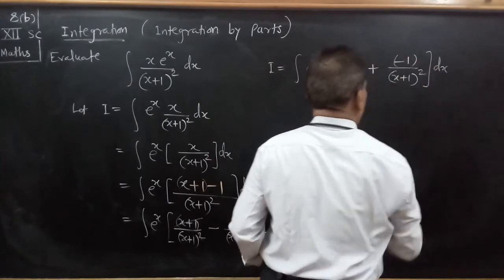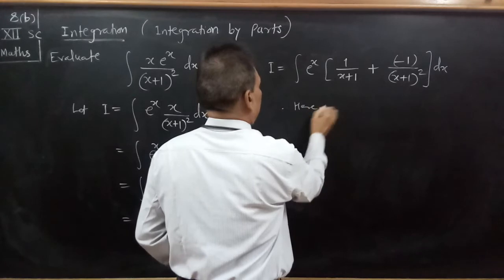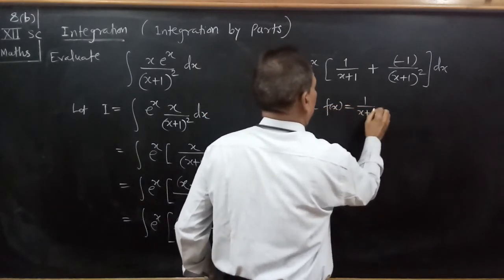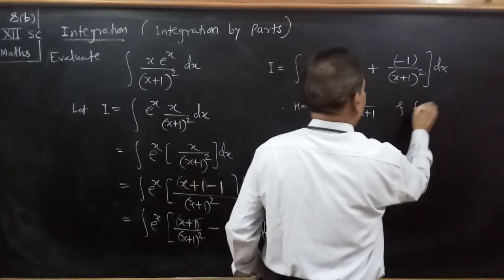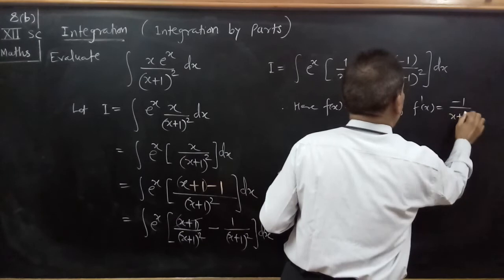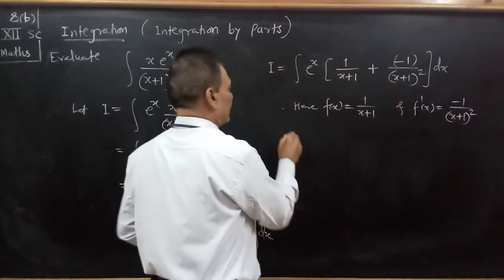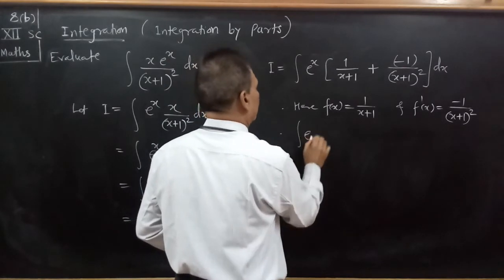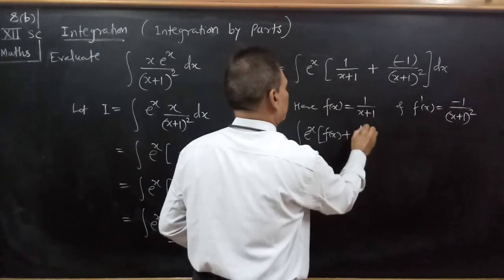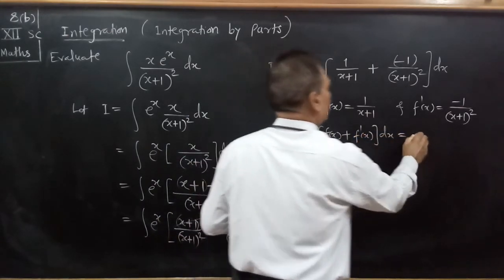Therefore, here f of x is nothing but 1 upon x plus 1, and f dash x is nothing but minus 1 upon x plus 1 whole bracket square. Okay, therefore our important result, e raised to x into bracket f of x plus f dash x into dx, is nothing but e raised to x f of x plus c.